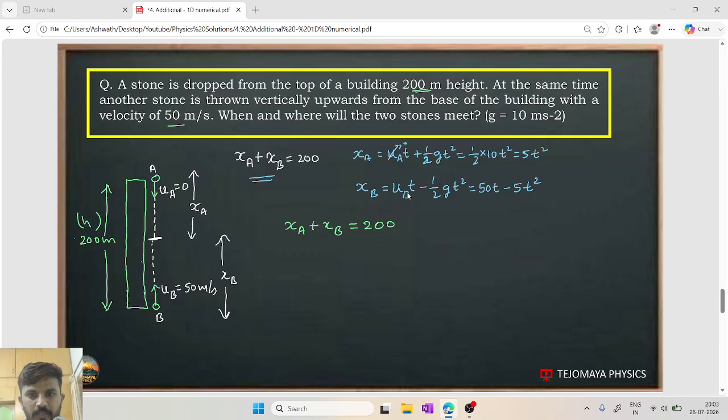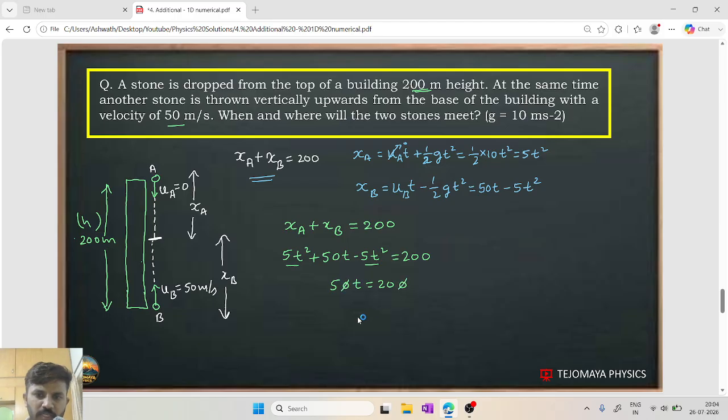Okay. So XA value is 5t square plus XB value is 50t minus 5t square is equal to 200. So 5t square gets cancelled. So 50t is equal to 200.